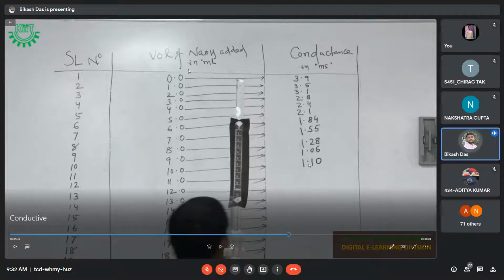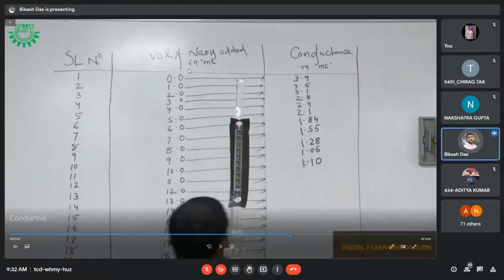Was my screen visible properly to you? Yes, sir. I said earlier that conductance will keep decreasing once all free H+ ions are completely neutralized by OH- ions. At that time it forms ionized water, which is the minimum conductance point.